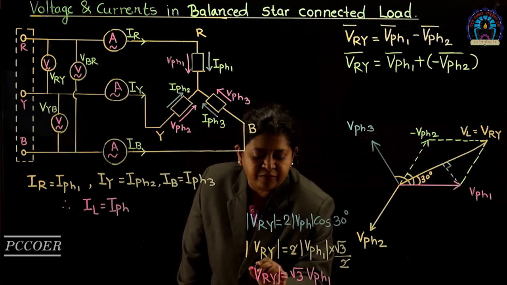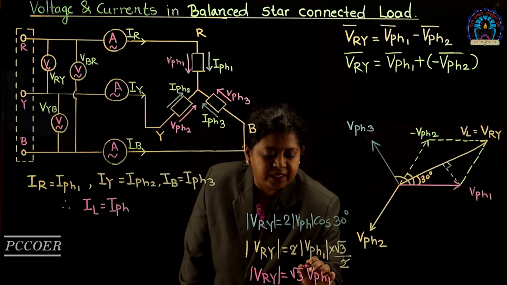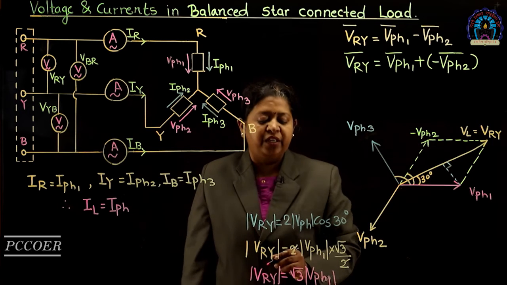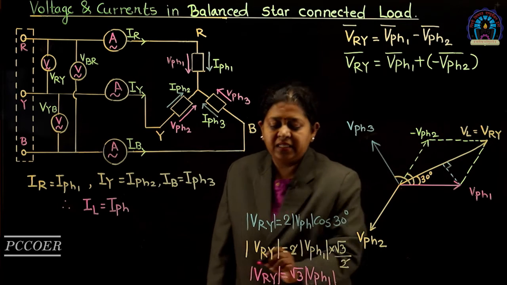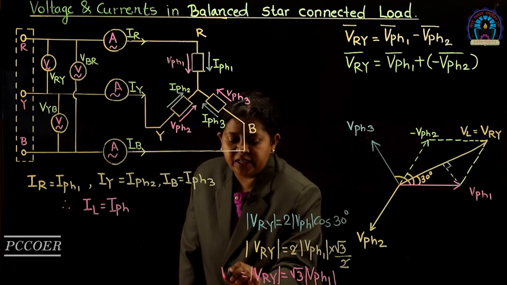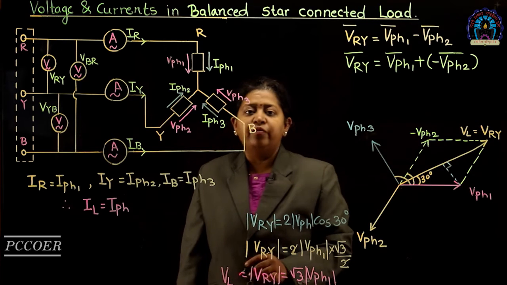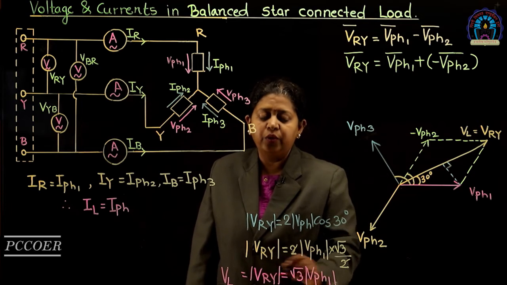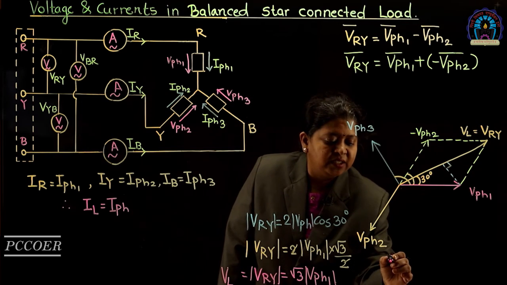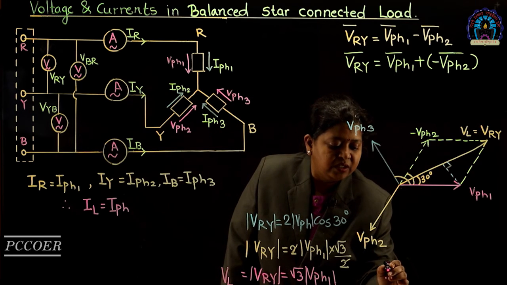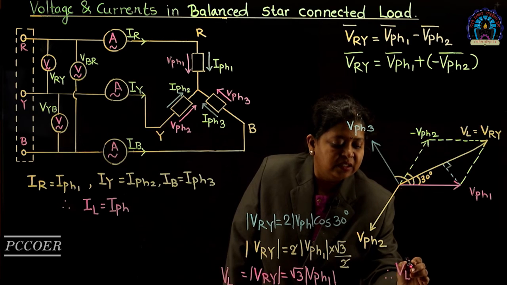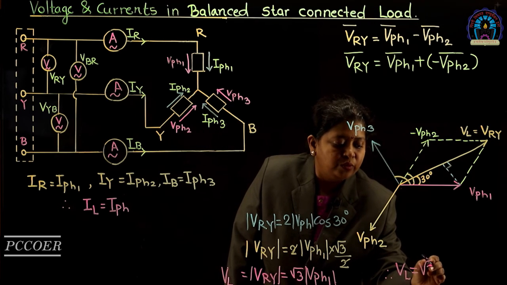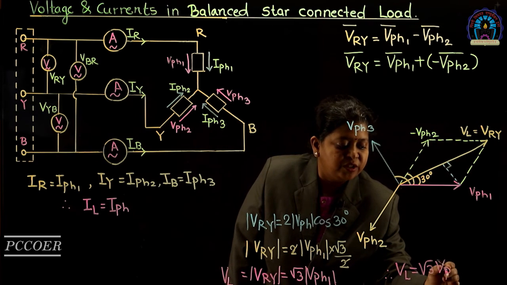That is, the magnitude of VRY is equal to root 3 times the magnitude of VPH1. VRY is nothing but the line voltage VL. So we say that in general VL is equal to root 3 times VPH. The general equation is VL is equal to root 3 times VPH.